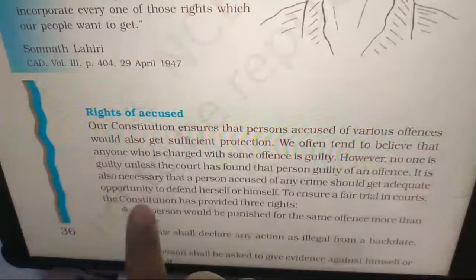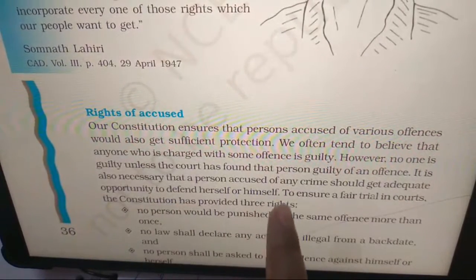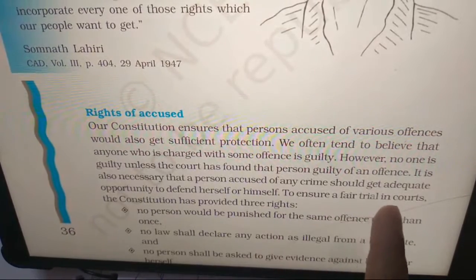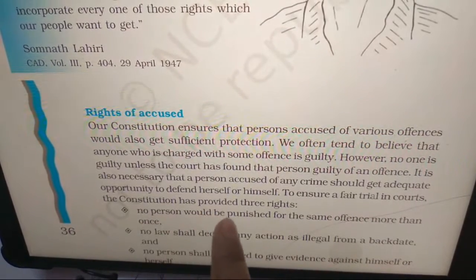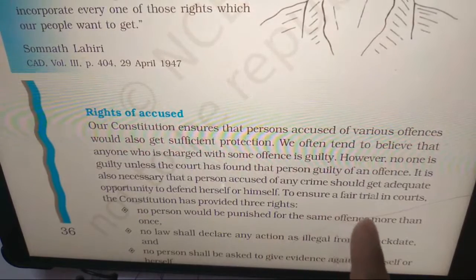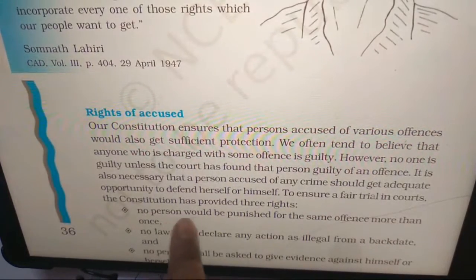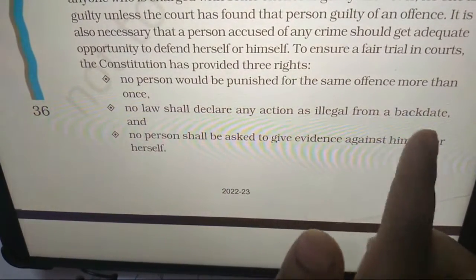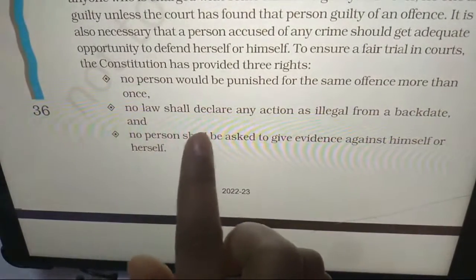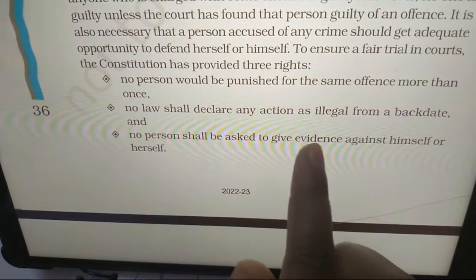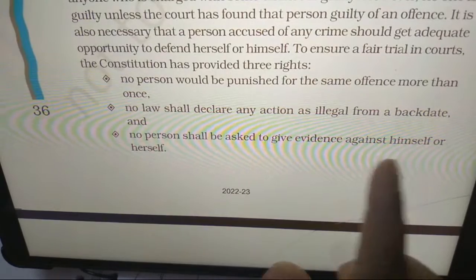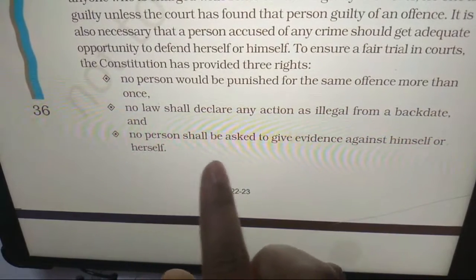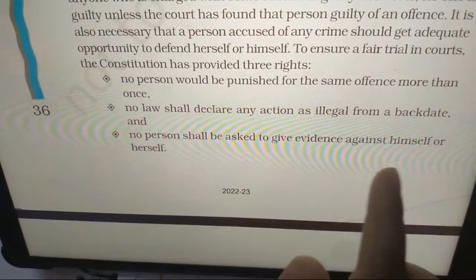It is also necessary that a person accused of any crime should get adequate opportunity to defend herself or himself. To ensure a fair trial in courts, the Constitution has provided three rights. No person would be punished for the same offence more than once. No law shall declare any action as illegal from a back date, and no person shall be asked to give evidence against himself or herself.